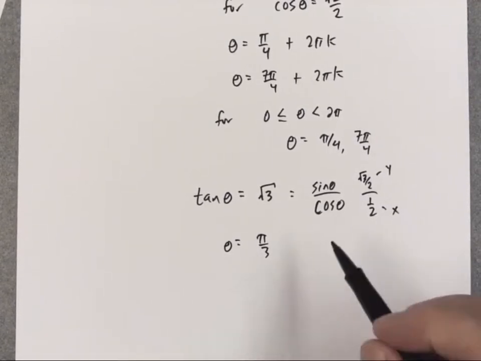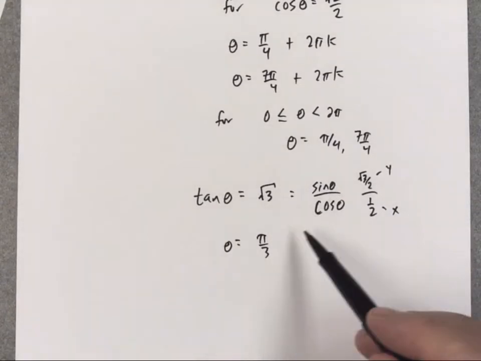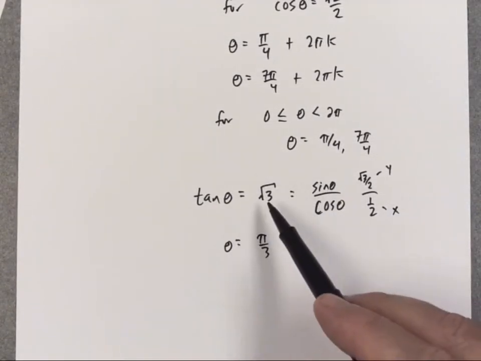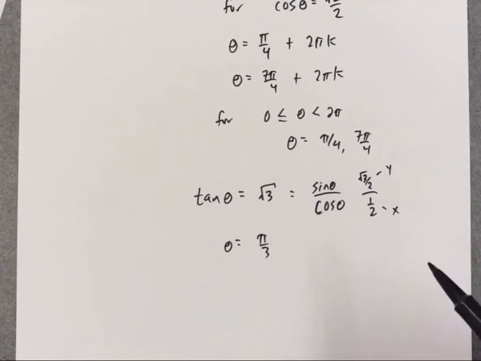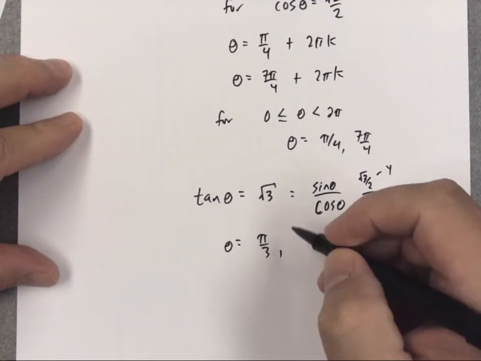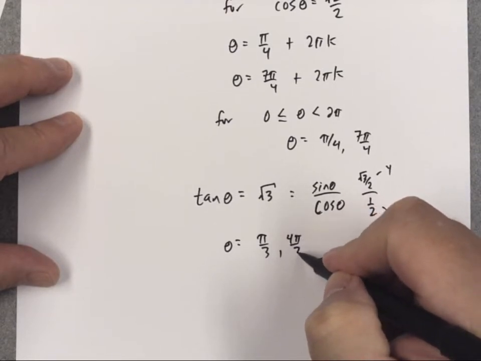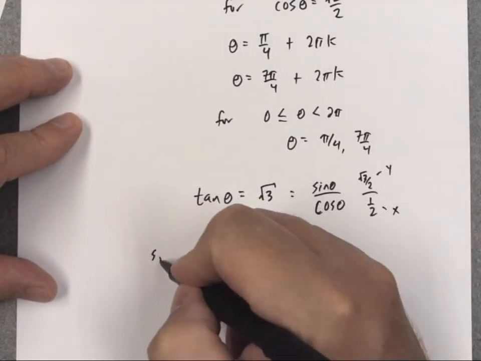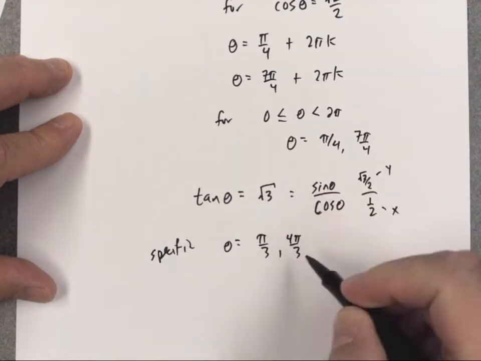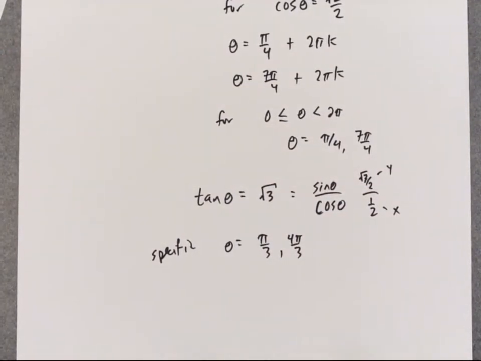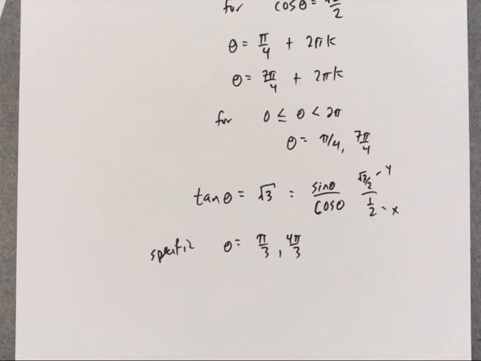Now what's interesting, if you ask yourself, is there another angle on the unit circle that gives square root of 3? And there is. If you go into the third quadrant, let me just call this specific for now. Specific solutions. One trip around the unit circle, 0 to 2 pi, there are two solutions for this.